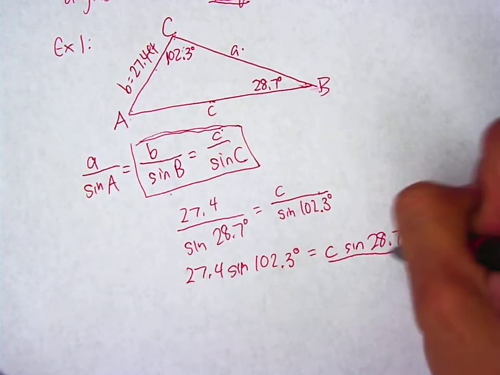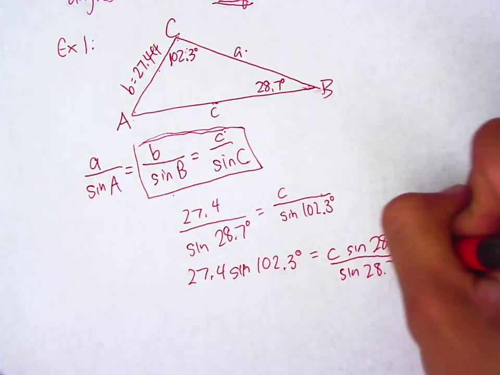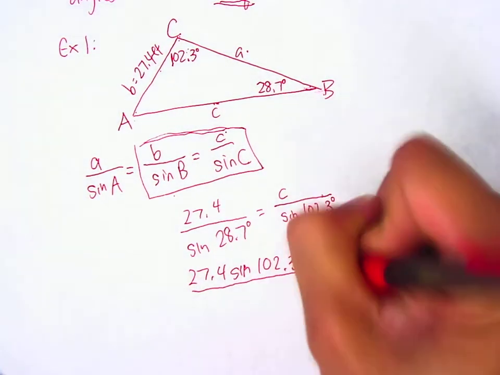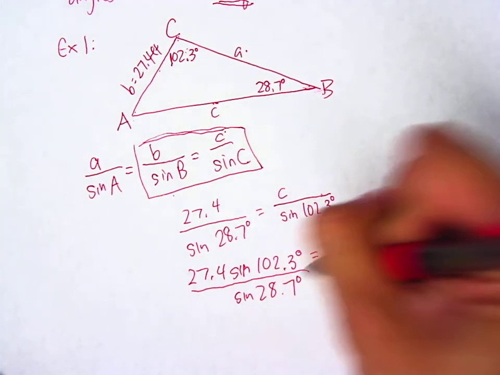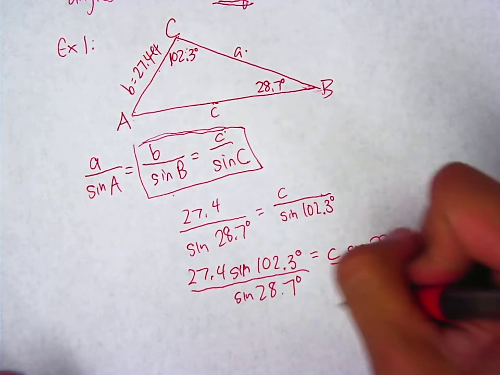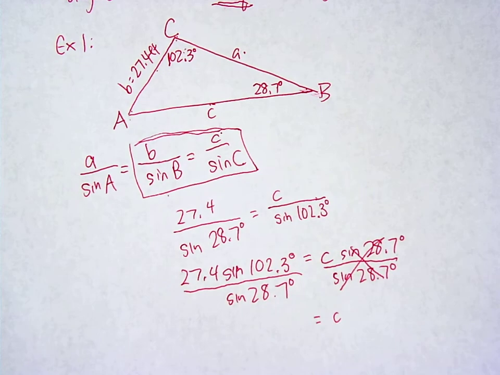I'm going to divide both sides by sine of 28.7 degrees. Then that cancels out, so all I have is C equals, and then you're going to put that all in your calculator.